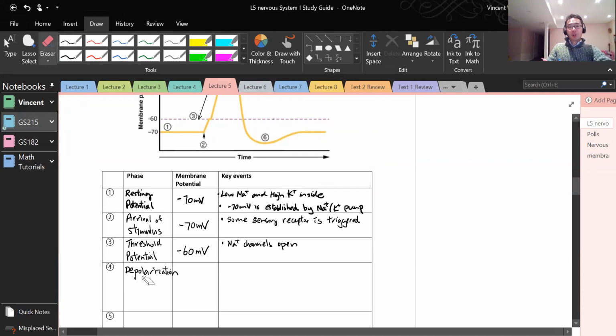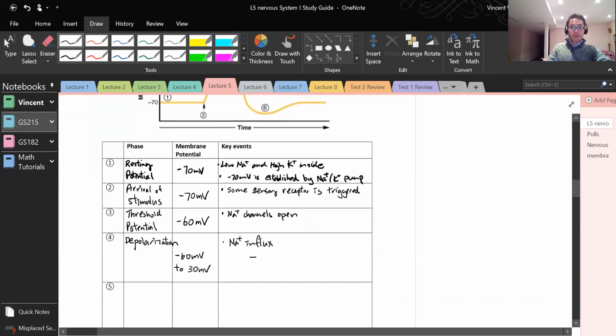So to depolarize is to undo that negative. And it's going to be from negative 60 all the way to positive 30. And the key event that's happening here is the sodium influx.